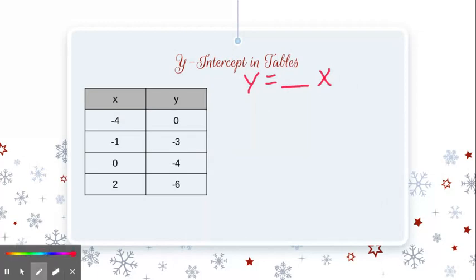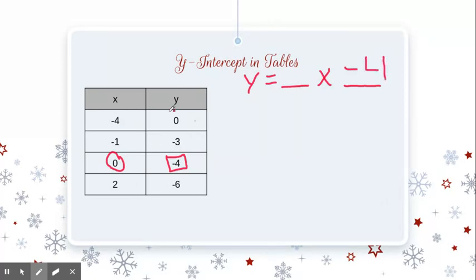Let's look. I need to find 0 on the x. So that's negative 4. That's negative 1. Oh, there's 0. Okay, that's what I want. So if I go across to the y, this is my y-intercept. My y-intercept right there is -4. And because it's a negative, it's going to be -4 here, okay?